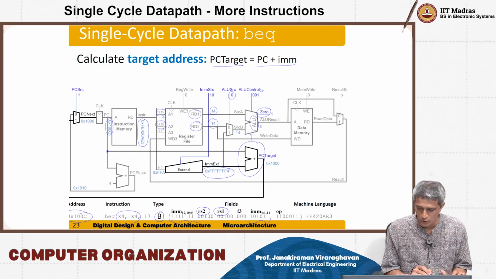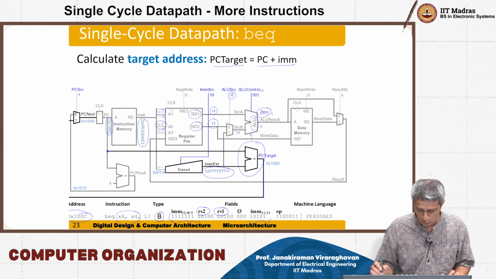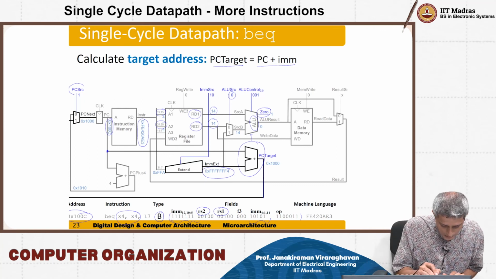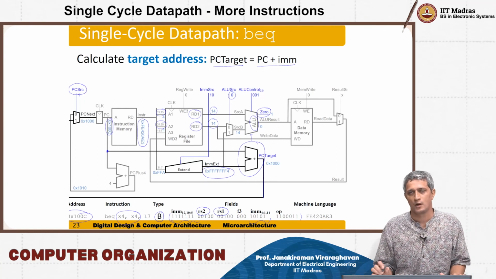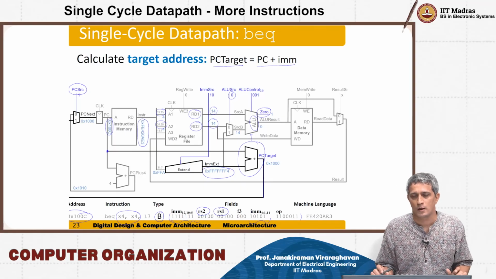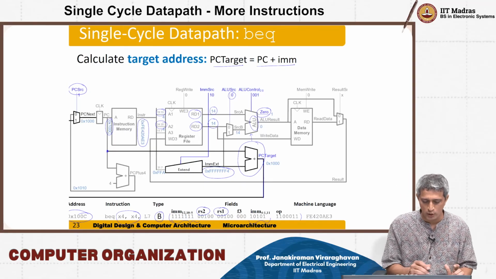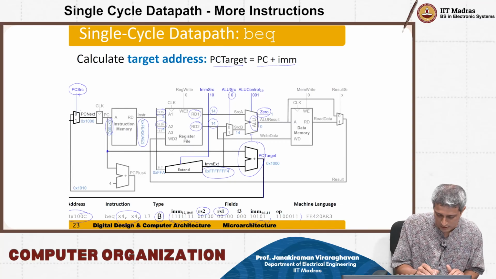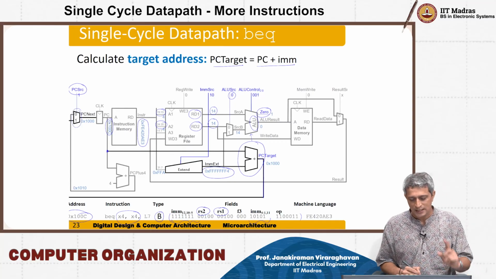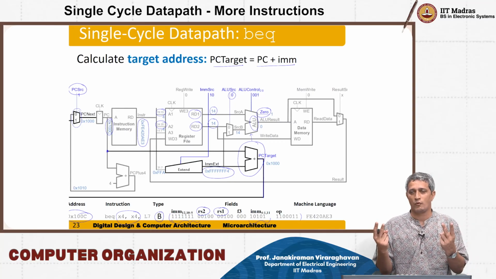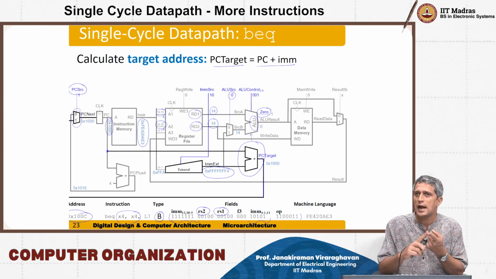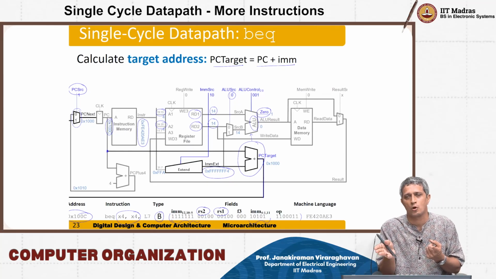And now what you do here is you are going to determine the PC source. This is the control signal, remember. The PC source is going to be a control signal to the mux, and that is going to choose between two things. Normally I would be adding 4 to get the next program counter value.